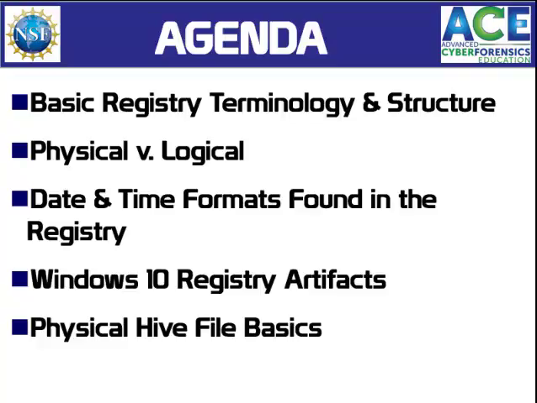This lesson is at the cutting edge at the time of production here in December of 2014, as Windows 10 has not even been released yet, but I'm working with one of the enterprise versions, well beyond beta, a release candidate for Windows 10. Then we'll talk about physical registry hive basics at the very end of the lesson, and then discuss the practical exercise that may be applicable to the class that you are currently enrolled in.